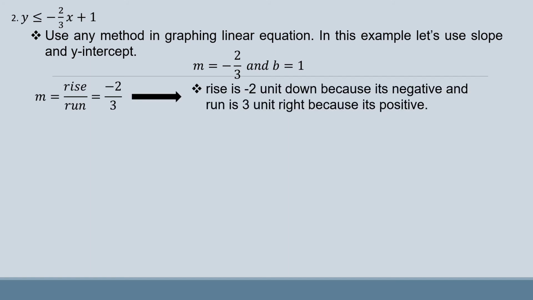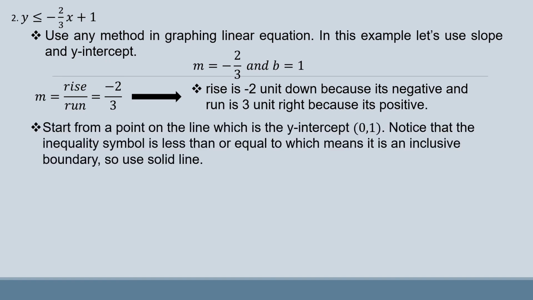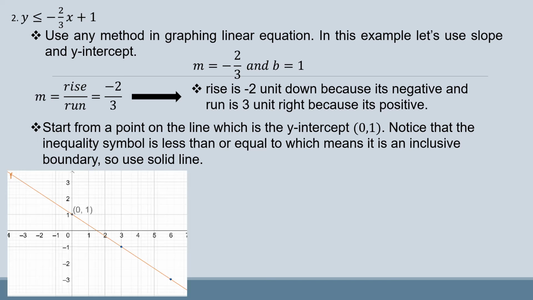Rise is negative 2 units down because it's negative, and run is 3 units right because it's positive. Again, start from a point on the line, which is the y-intercept (0, 1). Notice that the inequality symbol is less than or equal, which means it is an inclusive boundary. So use a solid line.